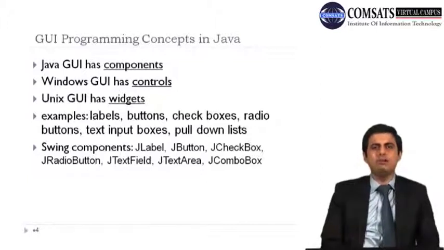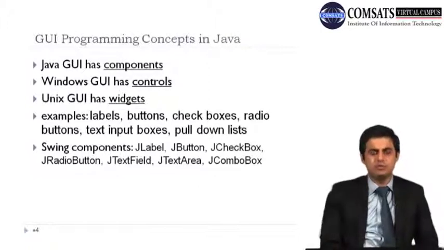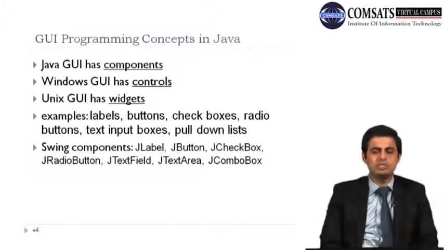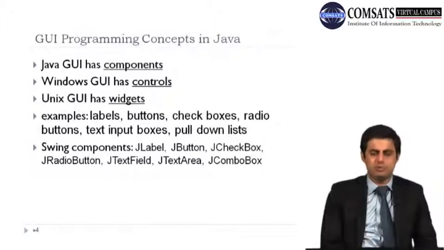Swing provides you a library of components, and you can import Swing in your Java program, and it can create labels for you, buttons for you, but they are called JLabel and JButton in Java Swing. There are JCheckBoxes, RadioButtons, text fields, text areas, and combo boxes. So these are different features of GUI which you can embed in your Java program.